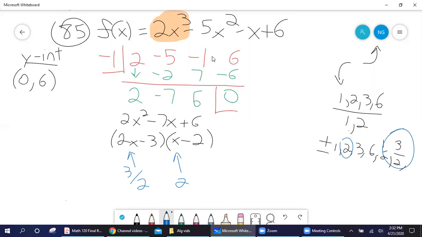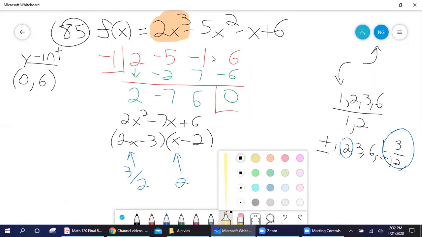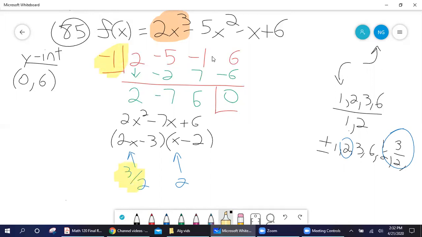So I could have found them that way, but it just would have taken longer. So I now have 3 solutions to this problem. -1 is a solution, 3/2 is a solution, 2 is a solution. Those are the 3 places that it hits the x-axis.